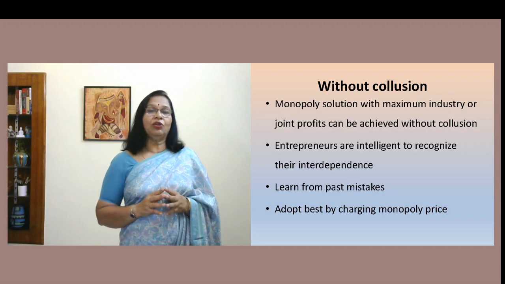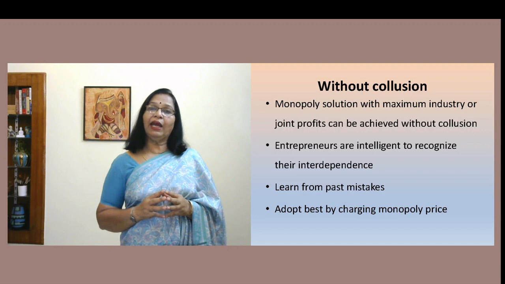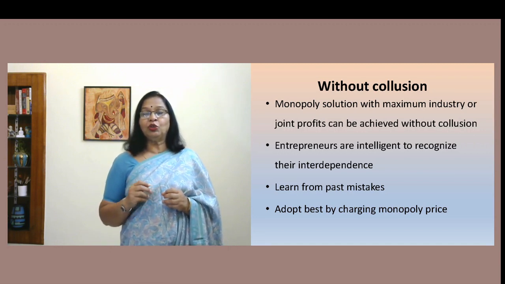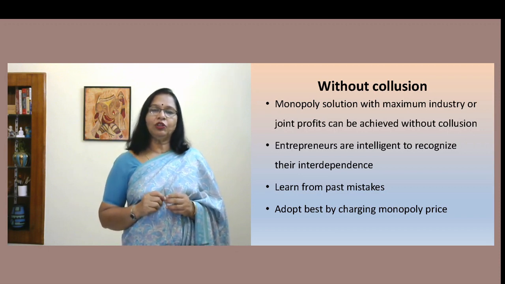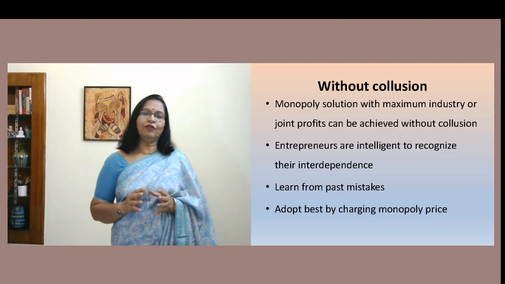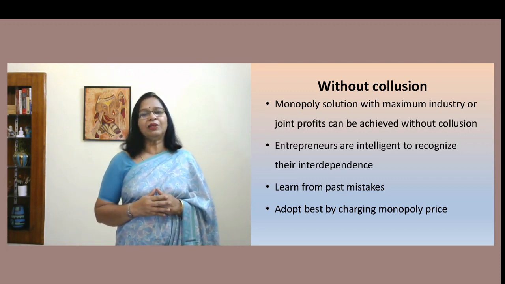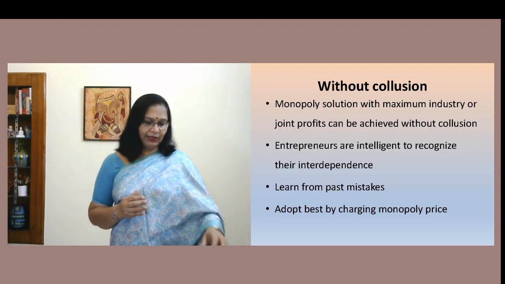He says that entrepreneurs of firms are intelligent and can recognize the interdependence of their decisions with those of other firms. Also, firms are intelligent enough to learn from past mistakes, and firms do their best when they adopt monopoly price.